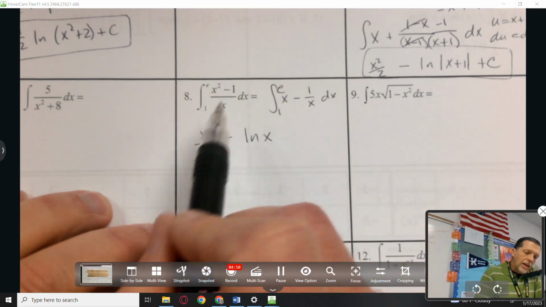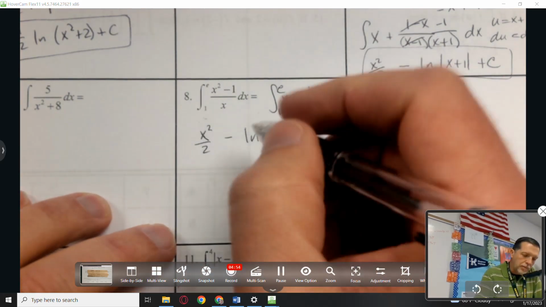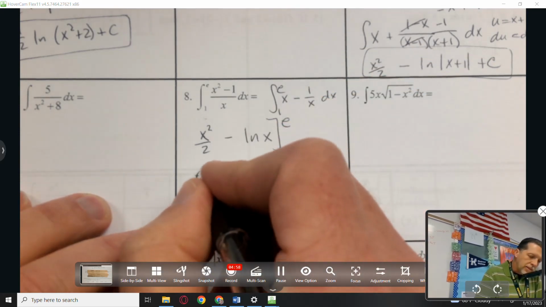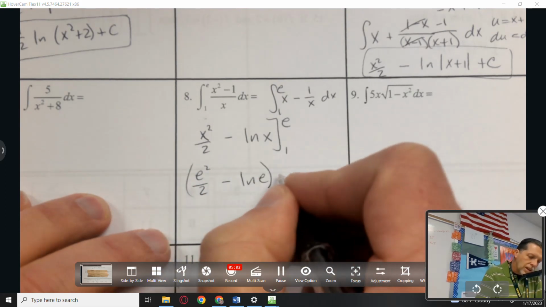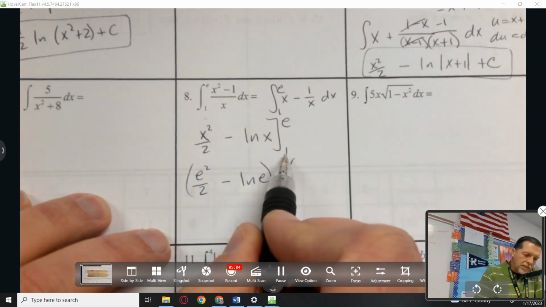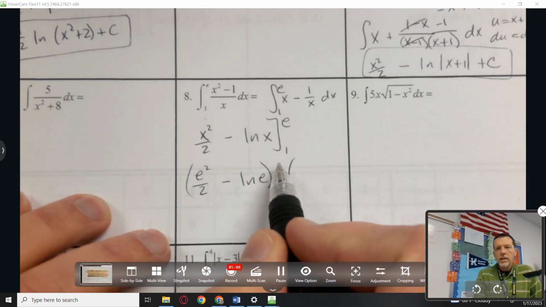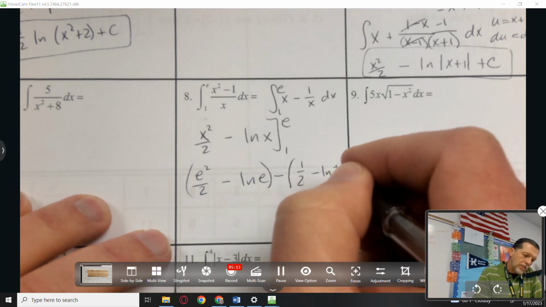And then this is the first one on the page that has definite integrals. It has the bounds there. So I need to do from 1 to e. So e squared over 2 minus natural log e, minus, so top bound minus bottom bound, so now I'll plug in 1: 1/2 minus natural log of 1.